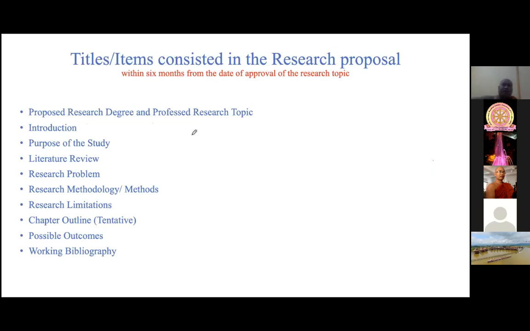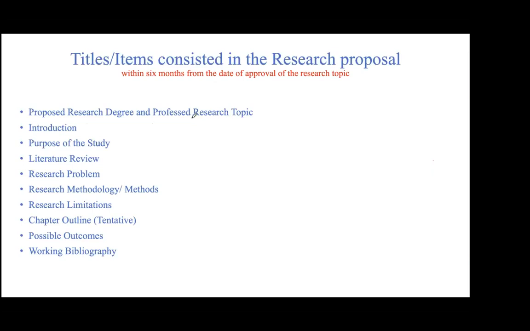This one is the research title and the introduction to your research. You have to write about the background or something like that to introduce your research. And then the purpose of your study: why you want to do this research. You have to mention 2 or 3 reasons. And then the literature review.